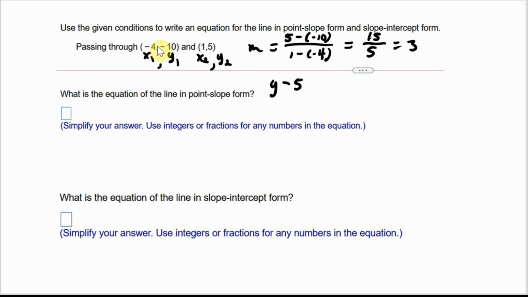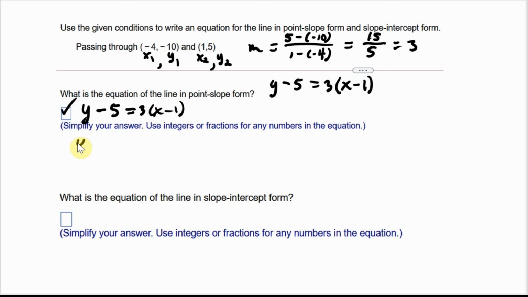And that's fine. So anyway, I have y minus 5 is equal to 3 times (x minus 1). That goes here, and then simplify.